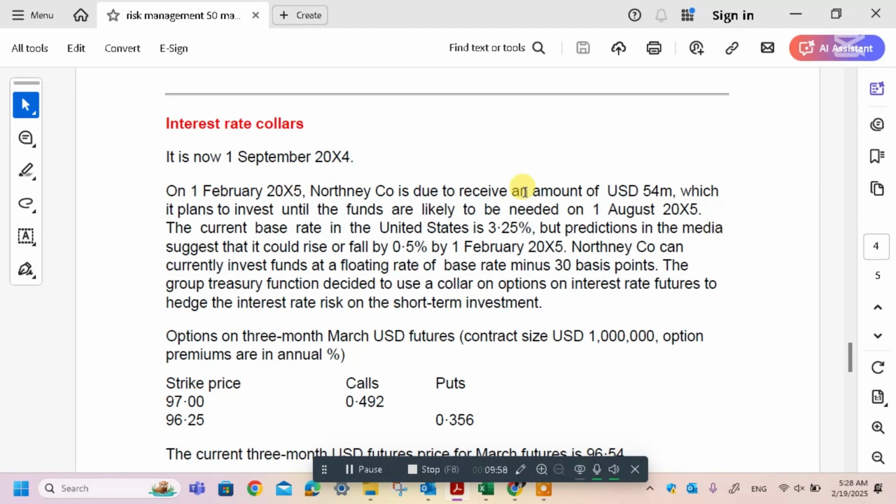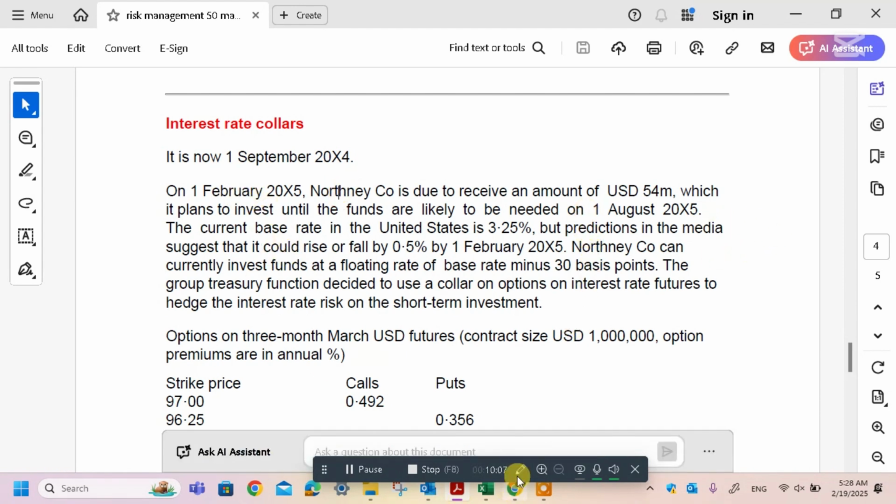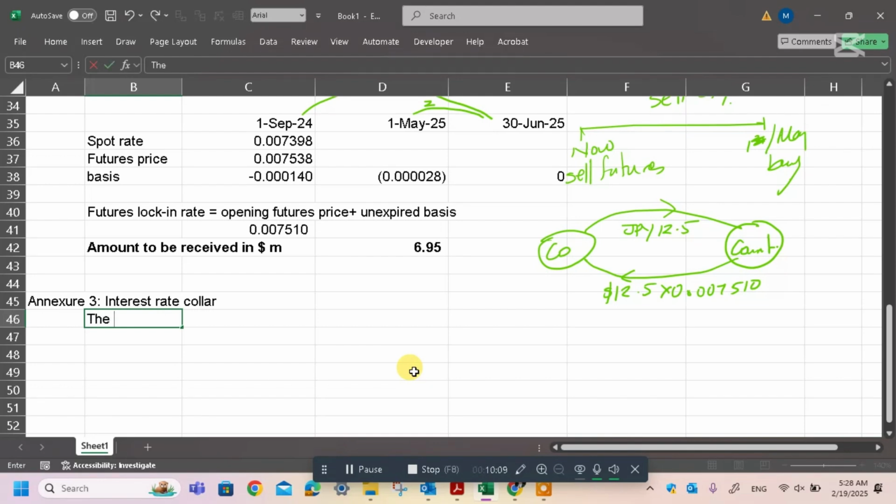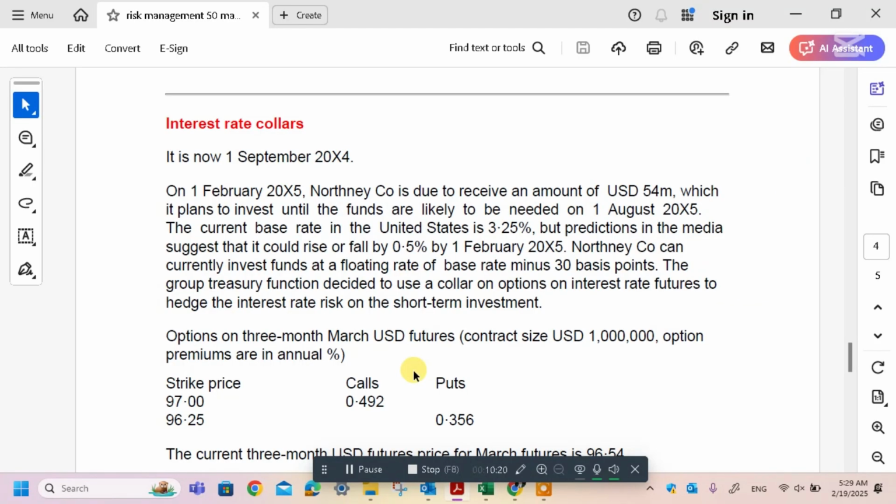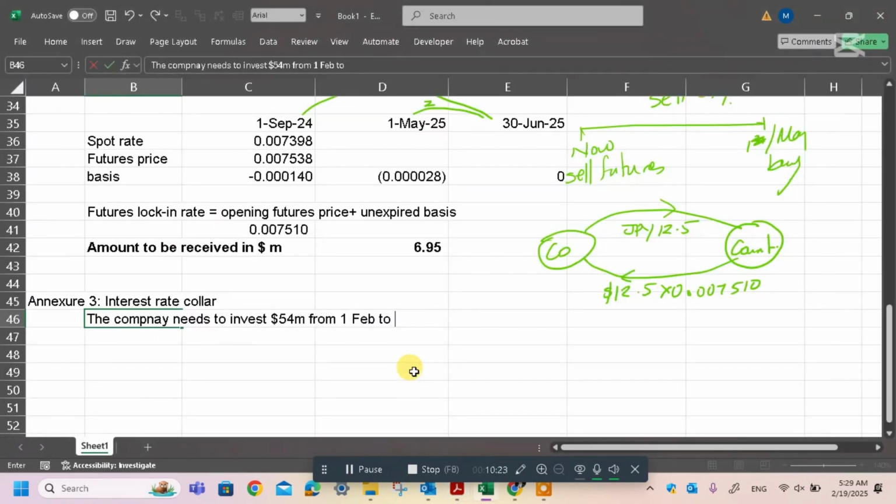See, they receive this amount on 1st of February, but they need it again on 1st of August. So they want to invest. Let me write that first. The company needs to invest 54 million from 1st of February to 1st of August.